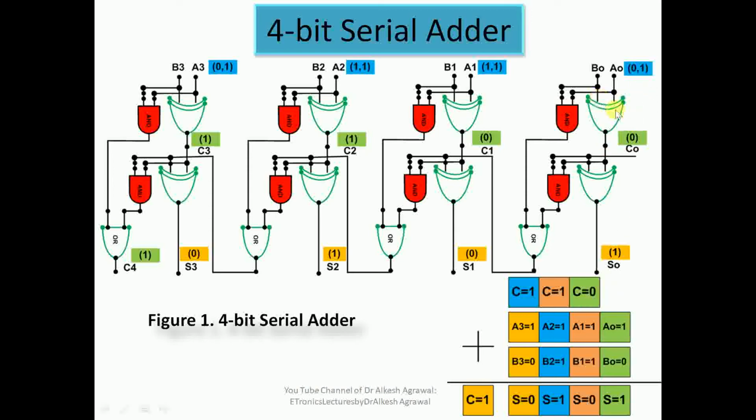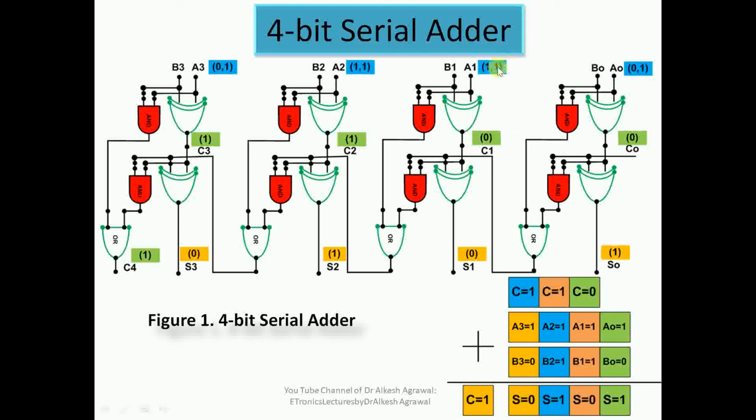We have the exclusive OR value of A0, B0 and C0. And carry is A0 and B0, or B0 and C0, or C0 and A0. So here you can see the terms are A0 B0, B0 C0, and A0 C0, and the carry C1 comes out from these.